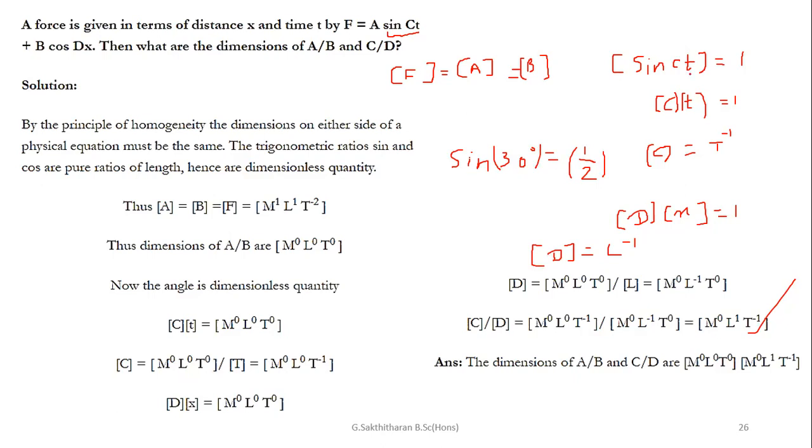So we can write 1. So A into 1, B into 1. So dimensions of F equal to dimensions of A and B. So here A and B are the same dimension. So A over B is a dimensionless quantity.